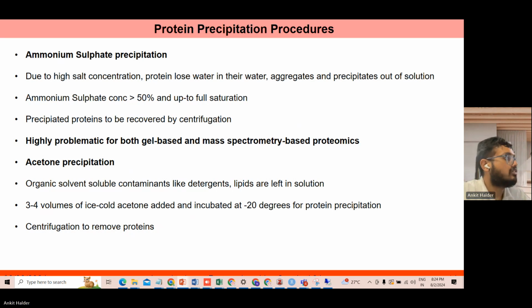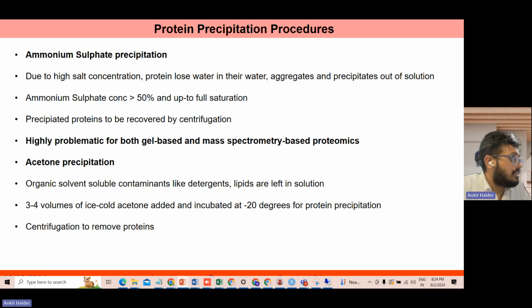Okay. So if we are using a high salt concentration, for downstream processes, for any kind of analysis or any kind of proteomics based work, it is quite difficult to work in that kind of situation.